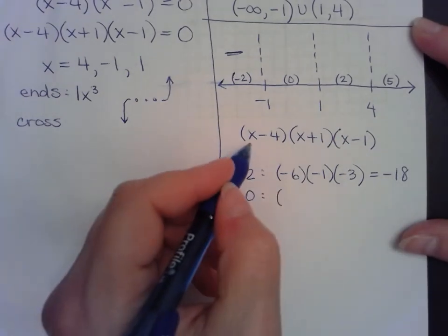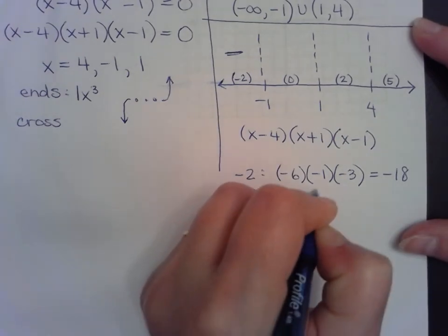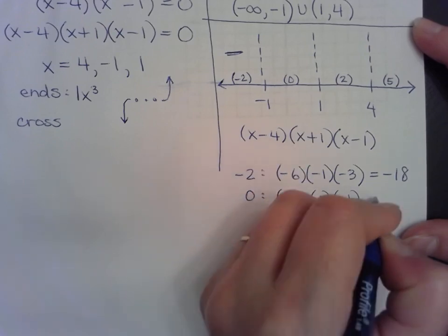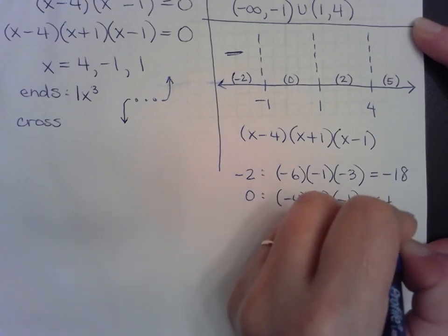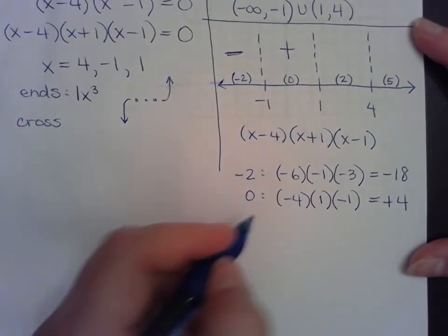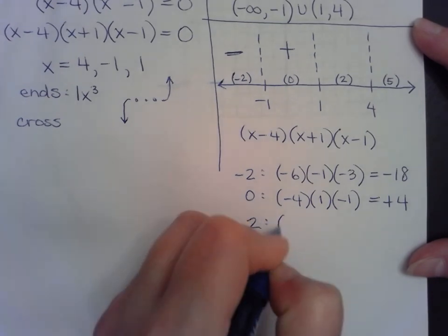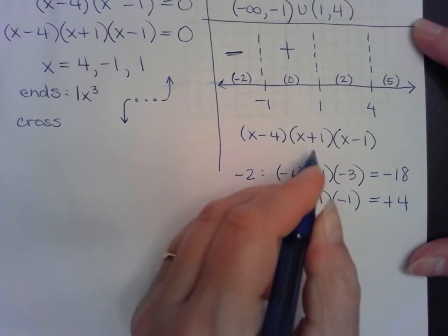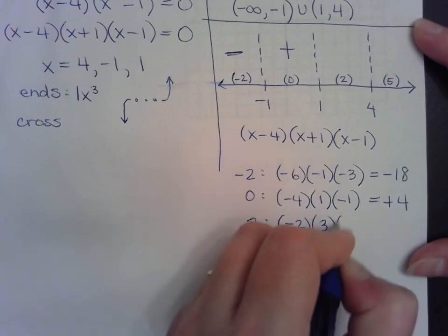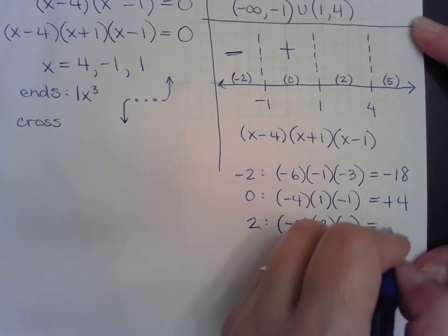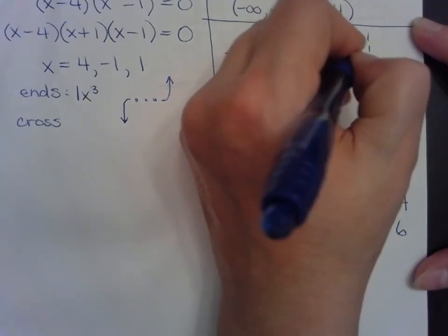If I plug in 0, I'm going to have -4 times 1 times -1, which will be +4. So positive. If I plug in 2, I'm going to have -2 times 3 times 1, which is -6.